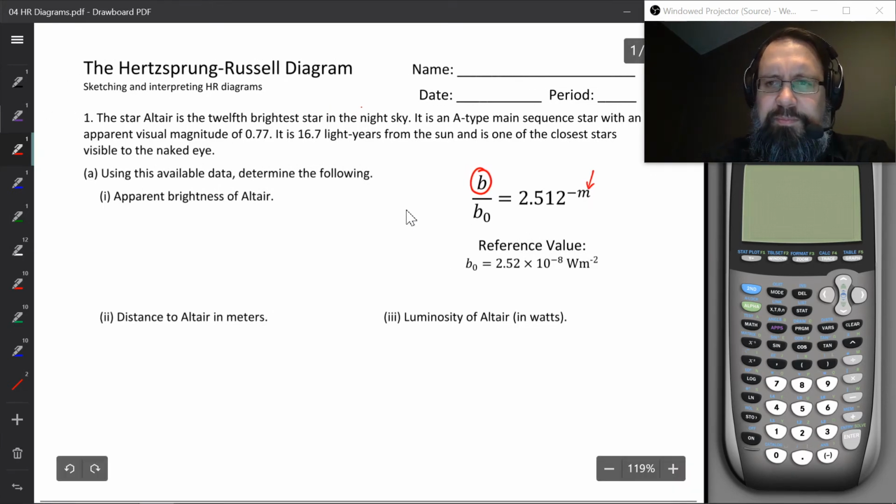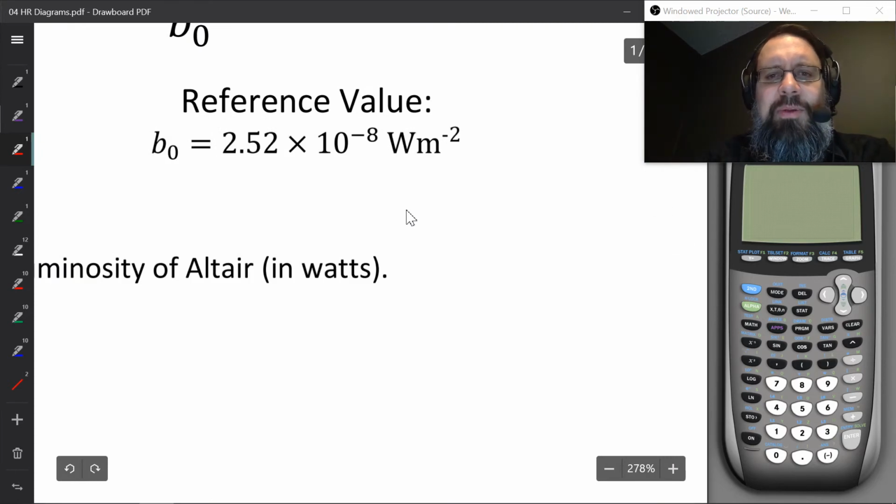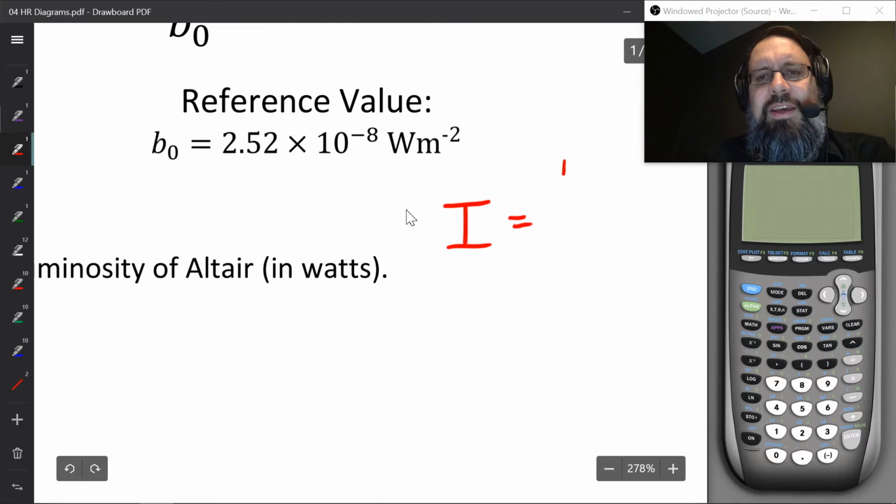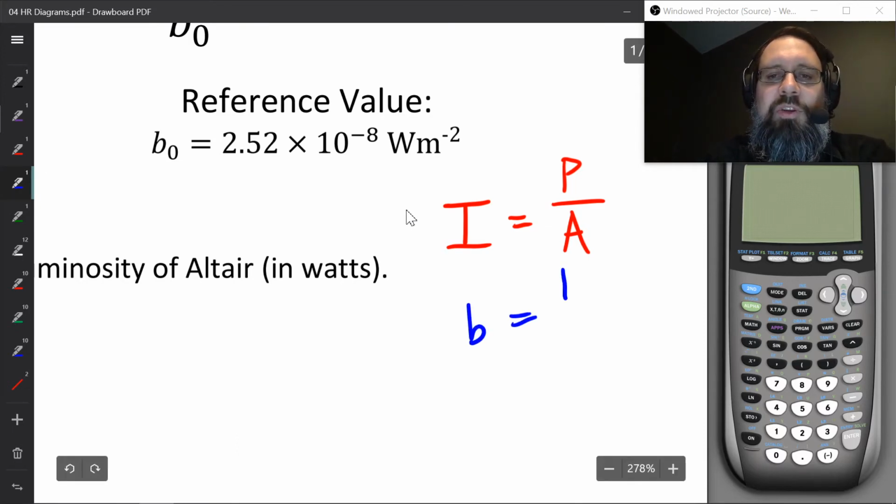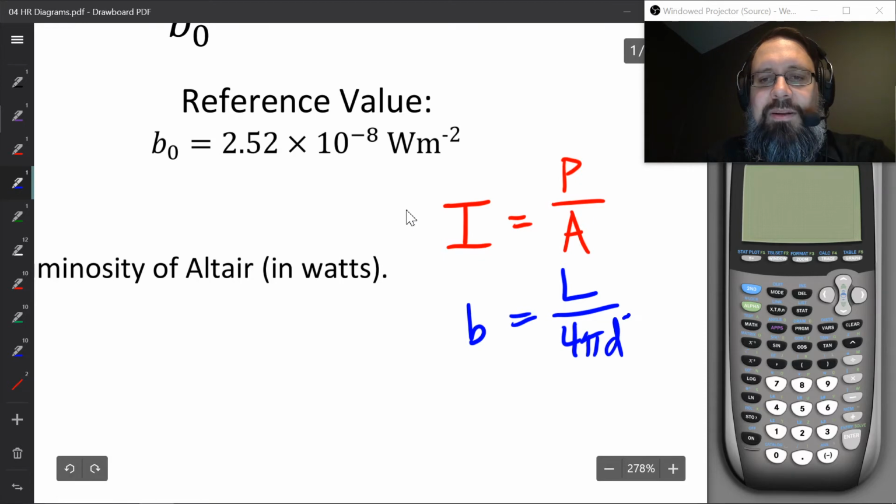Now, real quick, you might remember this equation that the intensity of a wave is the power divided by the area. That's still going to be true here, except in astrophysics, we use the apparent brightness as the intensity, the luminosity as the power, and the area as that of a sphere, so that's 4 pi d squared.